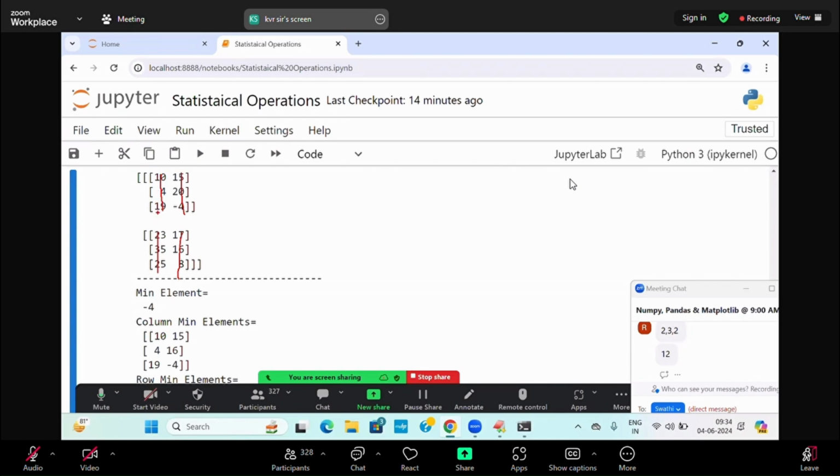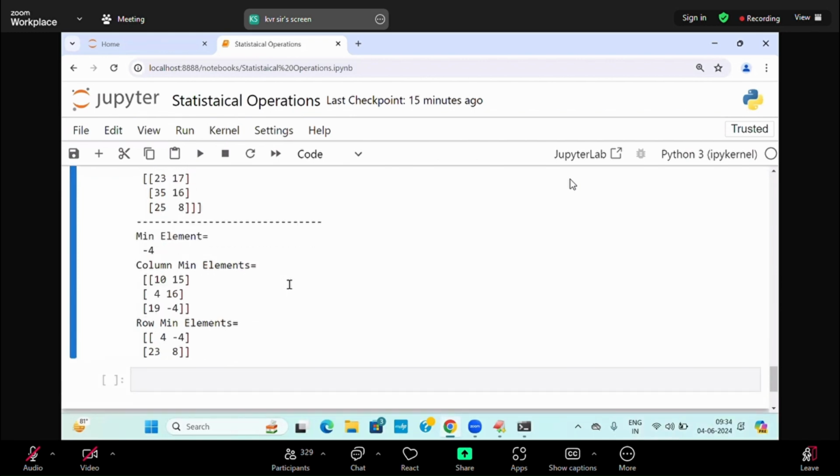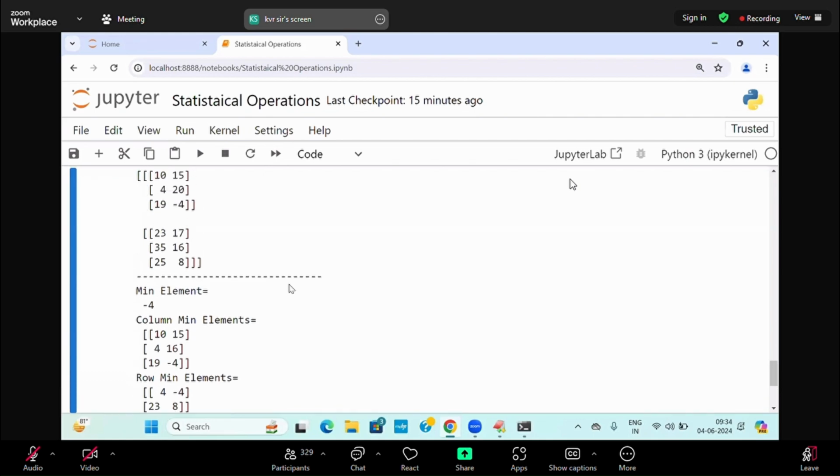What is the minimum in this column? Come on, fast. 4. But where is that 4? It is going to be something looking, I think, 10 is coming and 15 column min elements.